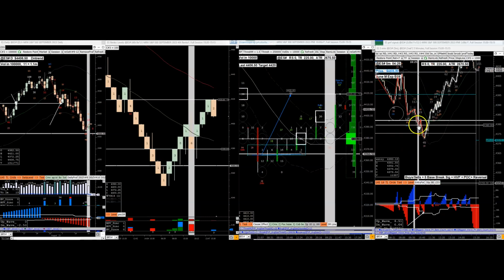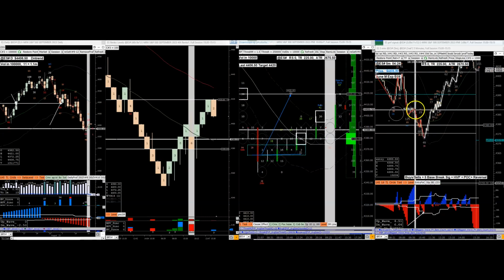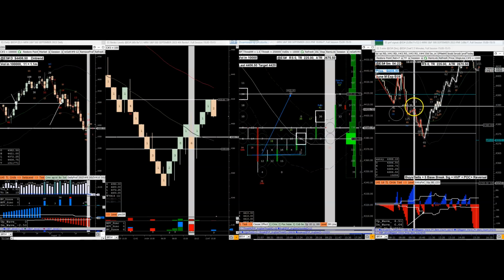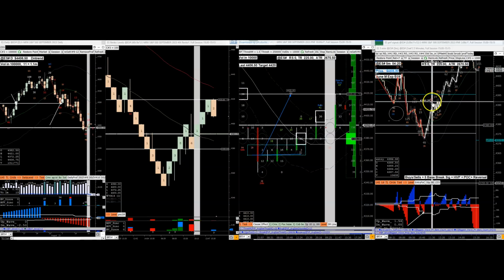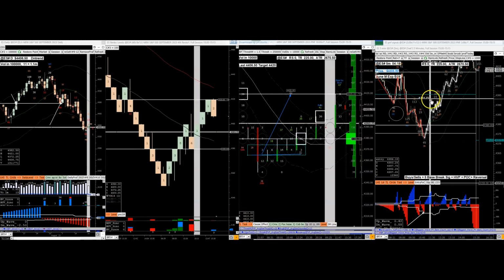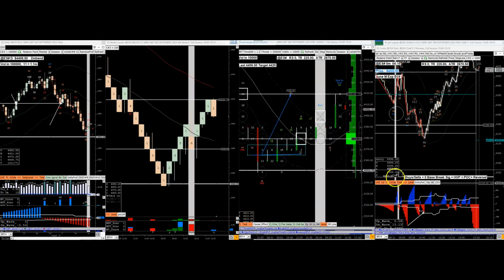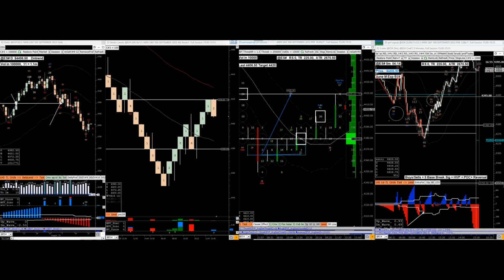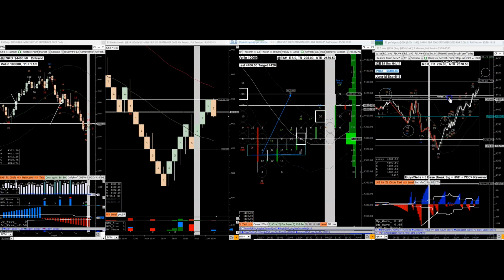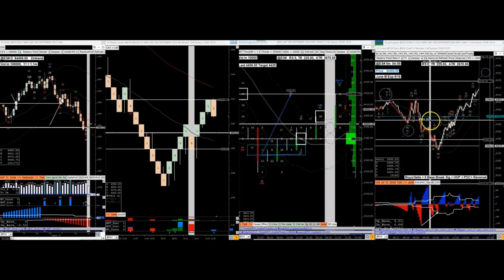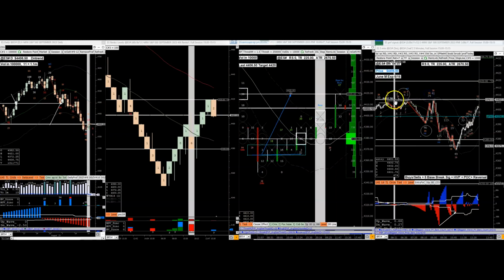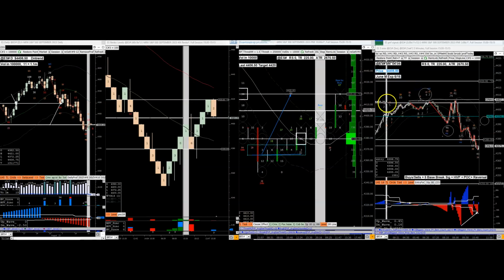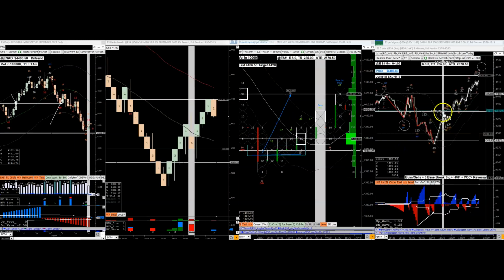Maybe not in volume as much as this wave, but in price, that's the biggest up wave. Right there, 60 ticks. See that? That's bigger than all of them, bigger than 1, 2, 3, 4, 5, 6, 7, 8, 9, 10 waves. Right there.